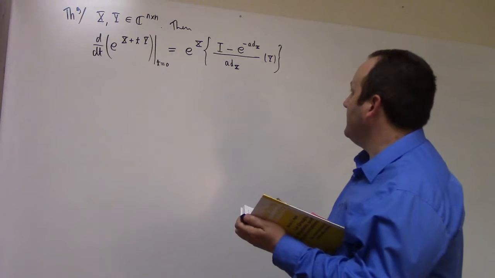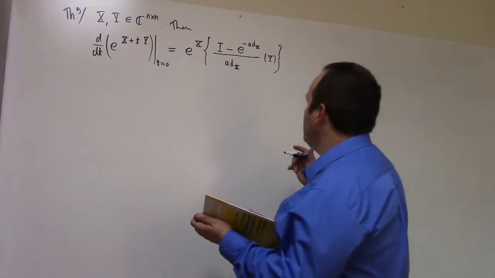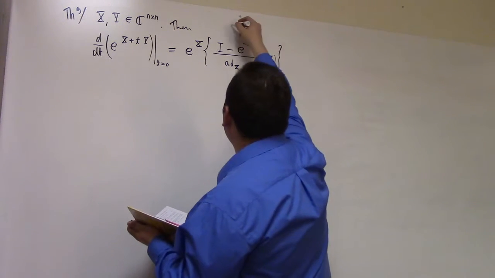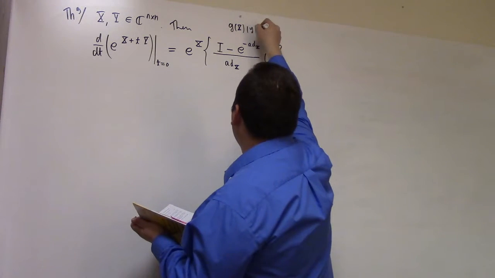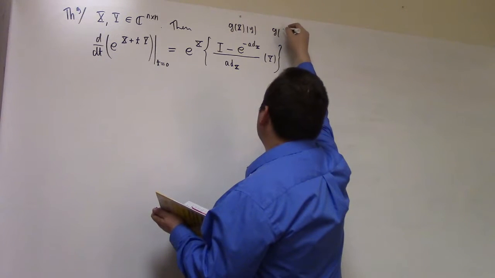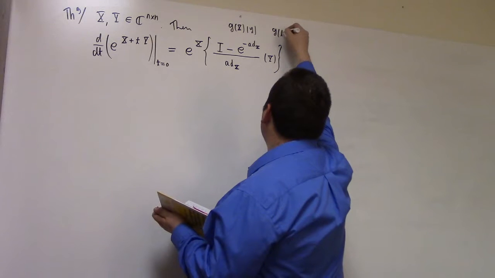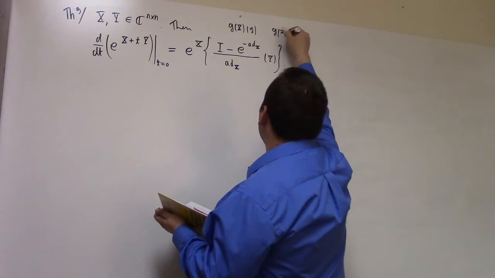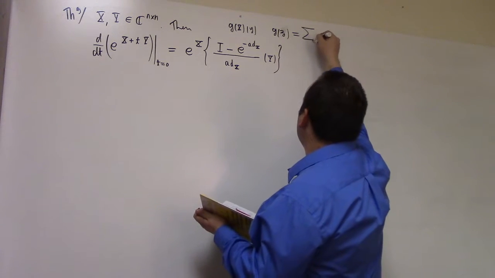Where, let's see here, you could understand this as basically being g of ad x acting on y, where g of z, I can use z, is kind of the exponential series, but not quite.